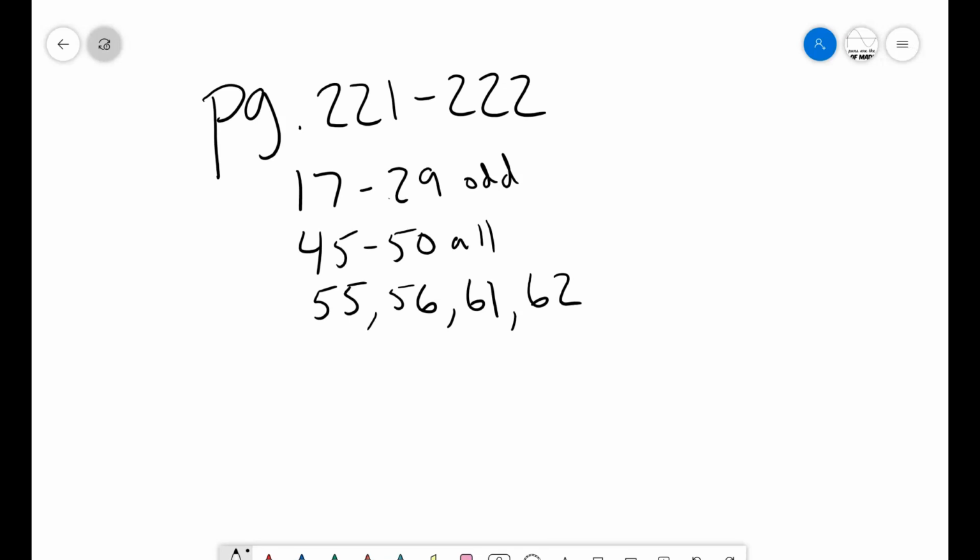Page 221 to 222 in the book, 17 to 29 odd, 45 to 50 all. 17 to 29 odd are the one-to-ones, those first couple examples we did. You don't have to do it that way, but 45 to 50 all would be the ones where you take the logarithm on both sides. 55, 56, same thing, and 61, 62 are those last couple problems.